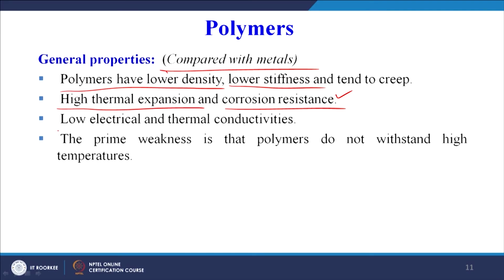They have low electrical and thermal conductivities, which is also a property that we have seen for ceramics. The prime weakness is that polymers do not withstand high temperatures. So that is one major problem. Wherever high temperatures are there, we will propose the use of ceramics or, depending upon the temperature, metals.